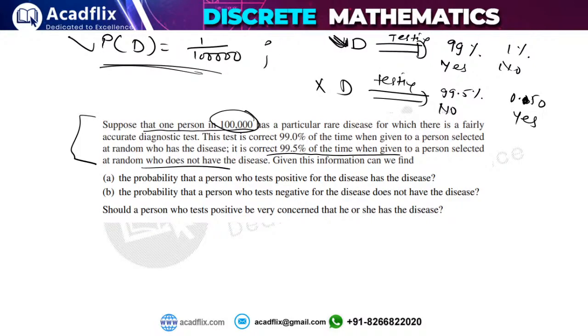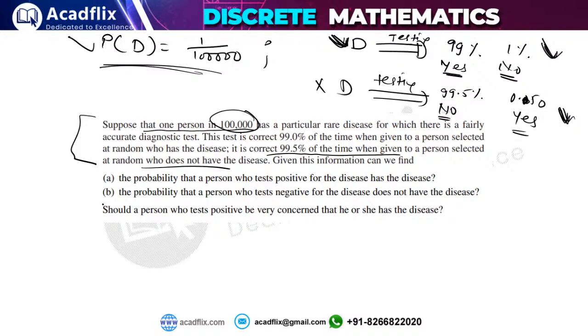If you have the disease and you go for testing, then there is a 99% chance that yes will come, and a 1% chance that the result will be no. If you do not have the disease and you go for testing, then there is a 99.5% chance the answer will be correct, meaning no will come, and a 0.5% chance that the answer will be yes. So this is called false negative, and this is called false positive. If you remember these terms, this is called false negative, this is called false positive.